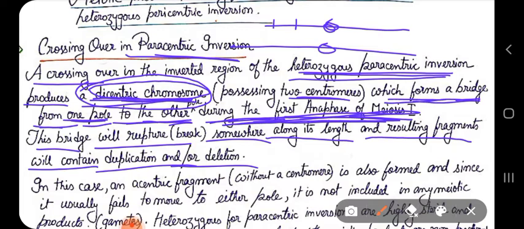Here also you will see duplicated or deleted segments, but the important cytological observation is that we will see a bridge. That bridge forms as a result of dicentric chromosome formation, a chromosome having two centromeres.